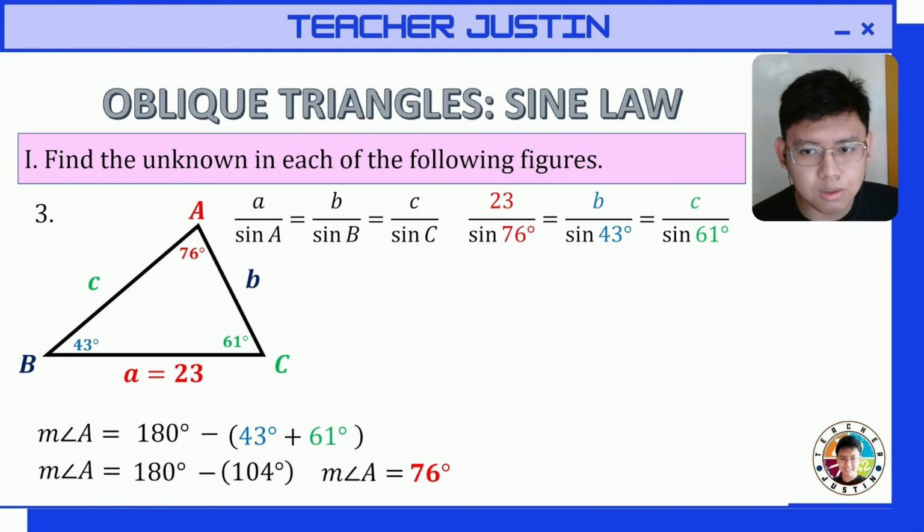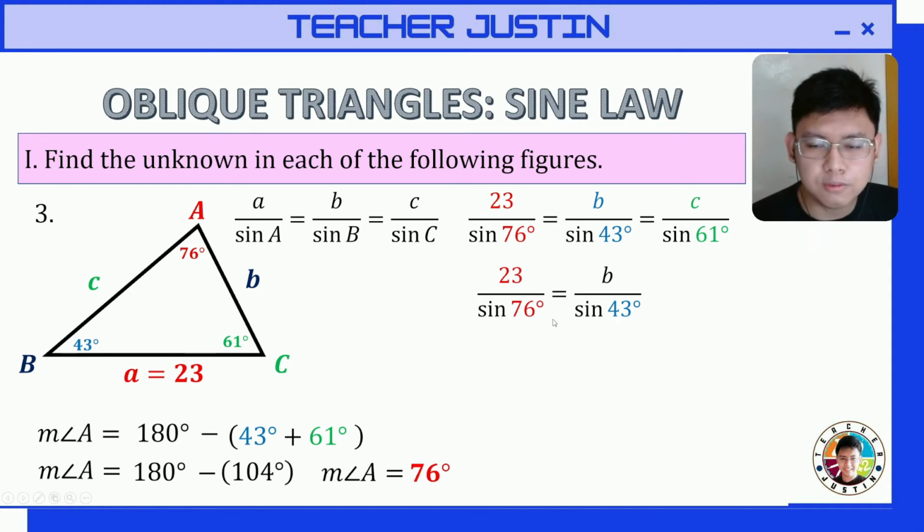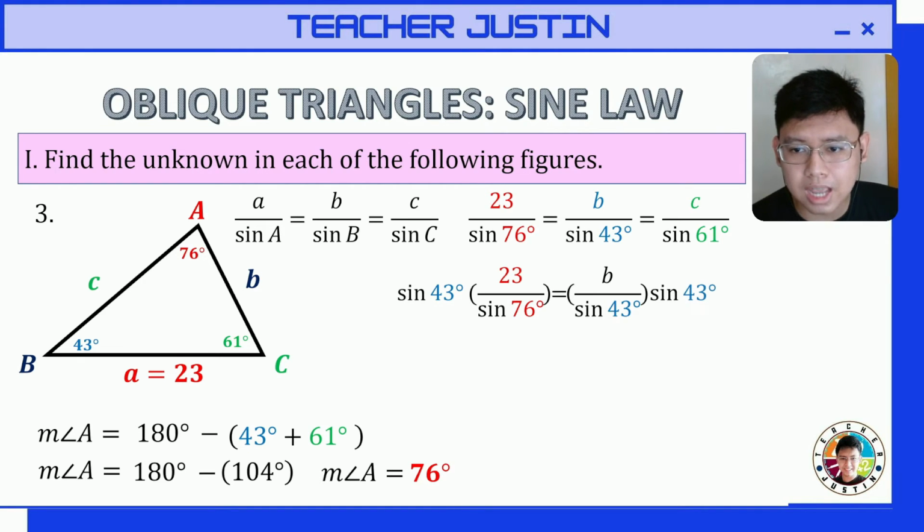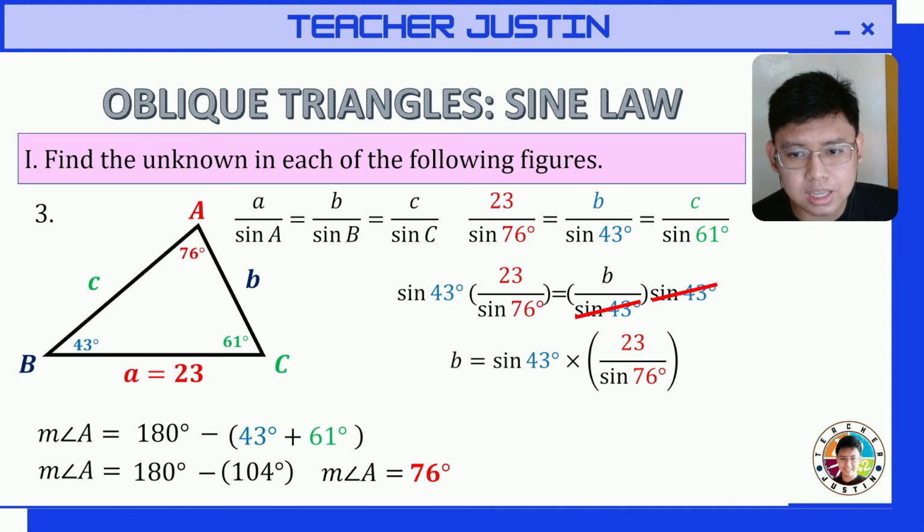Let's use that and equate it to our B over sine 43 degrees para ma-solve natin yung value ni B. Okay. So let's isolate the variable b by multiplying both sides by sine 43 degrees. So cancel. We will have b is equal to sine 43 degrees times 23 over sine 76 degrees.